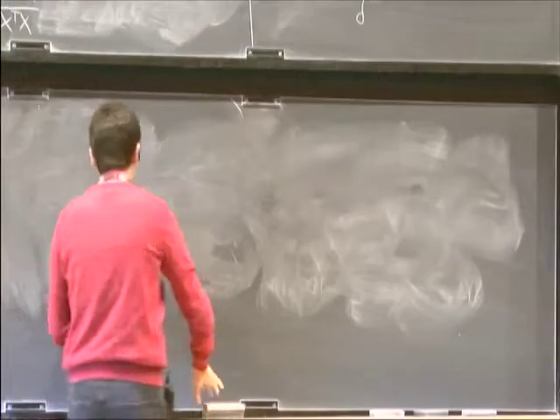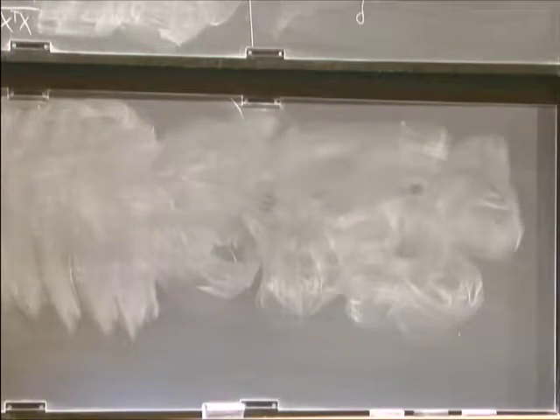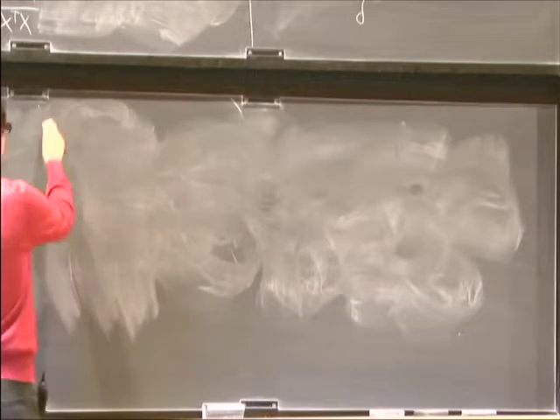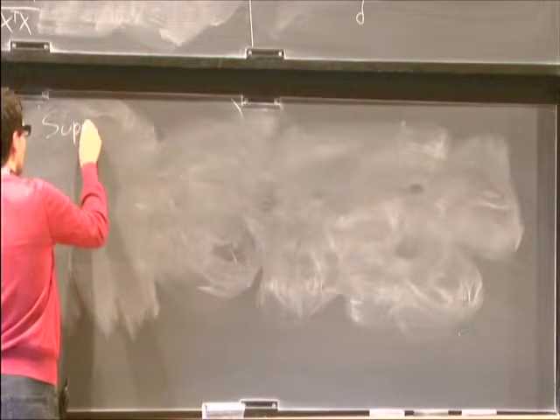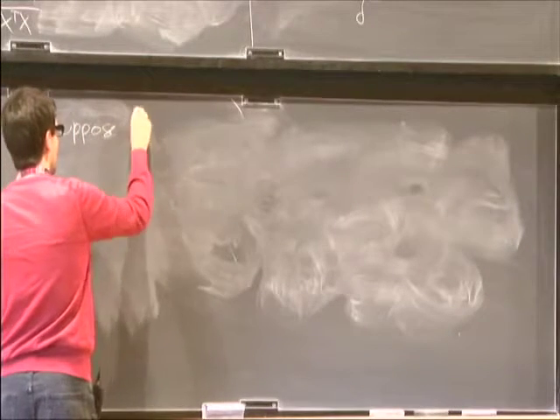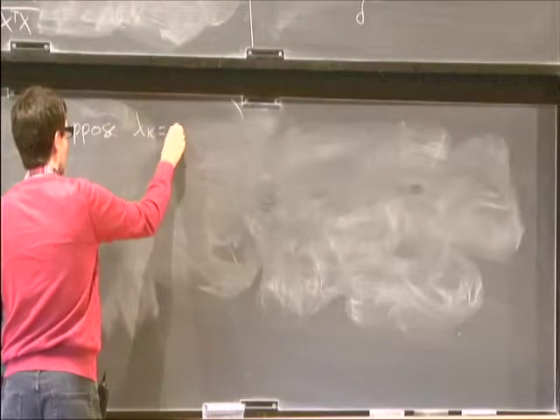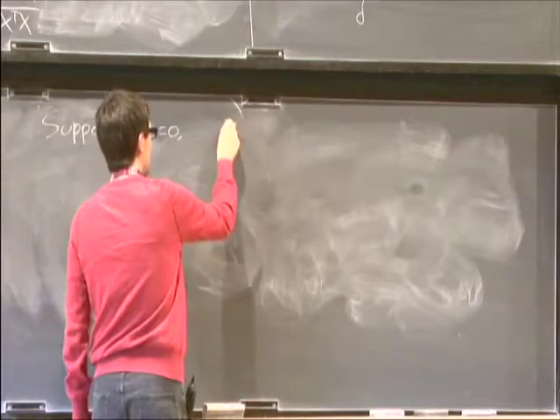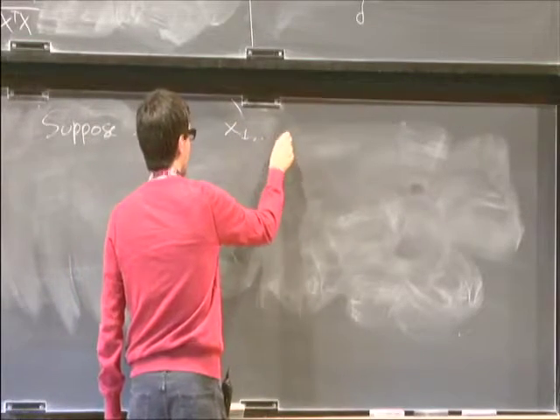We'll see that by thinking about this embedding of vertices into k-dimensional real space given by the eigenvectors. So suppose lambda k is 0. This means that there are k orthogonal vectors, x1 through xk.